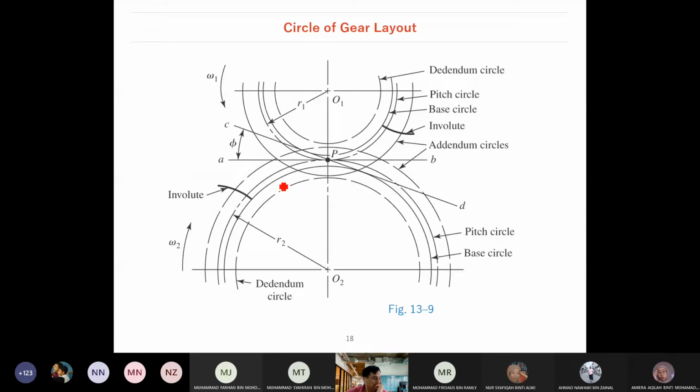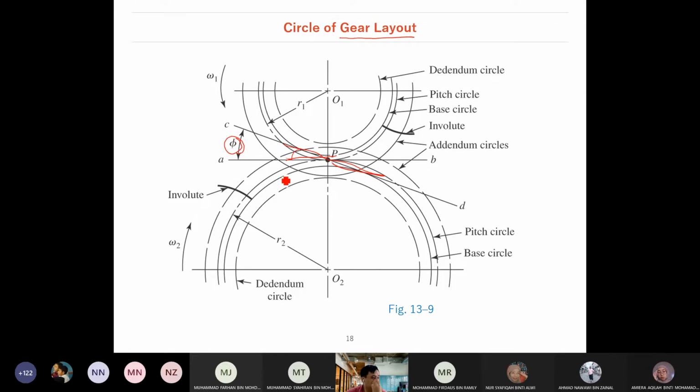Alright, so this is the one we go into deep punya orang kata discussion about the circle of a gear layout. Alright, so what happen is, macam saya cakap tadi lah, macam cam and lobe tadi tu, if you put it into the gear, alright, ni lah paling penting ni, kita panggil dia line of action tadi kan. So dia punya orang kata degree kat sini kita panggil dia pressure angle.